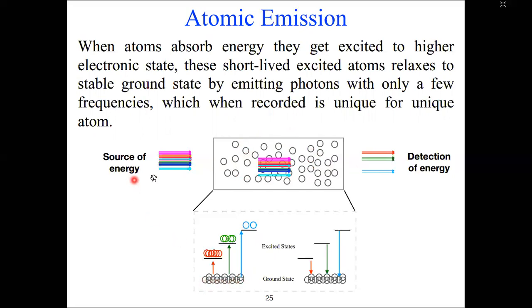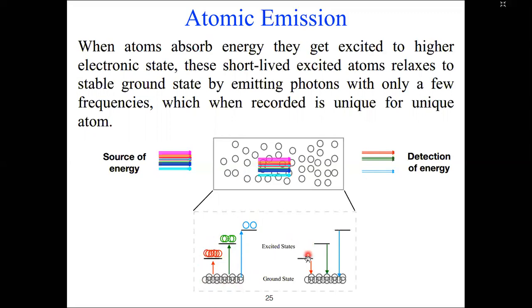When the source of energy, which could be any, we'll be discussing the sources of energy in later slides, comes in contact with the atoms, these atoms get excited into higher energy states. Here, they went to this state when they absorbed red color, to this state when they absorbed green color, and to this state when they absorbed blue color. Again, you can see some of them went to red, some to green, and some to blue. However, these are unstable states.